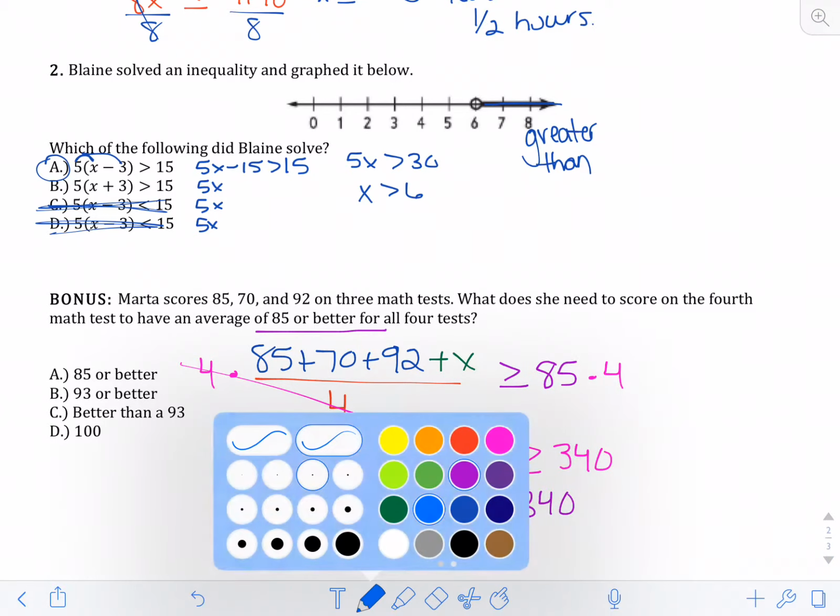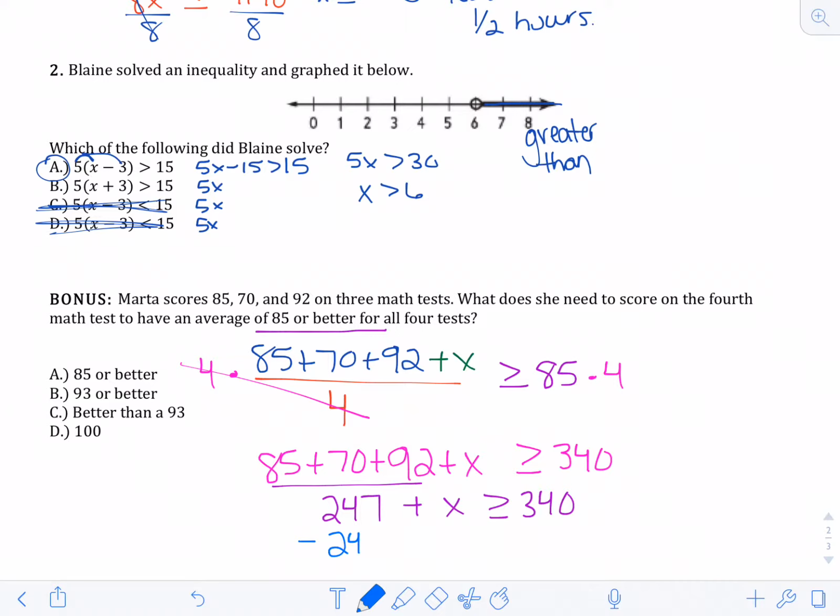I only have one step left, and that's to subtract 247 from both sides. Then I will have x is greater than or equal to 93. So she has to make at least a 93, but she can make higher than that to get an 85. So what she can score then is a 93 or better.